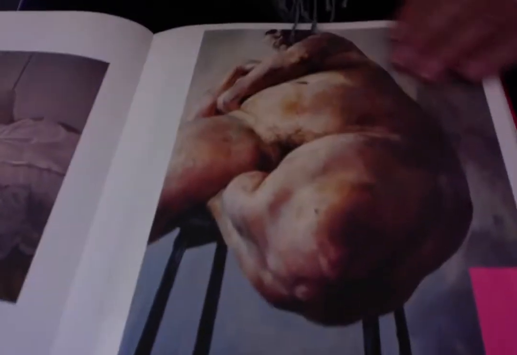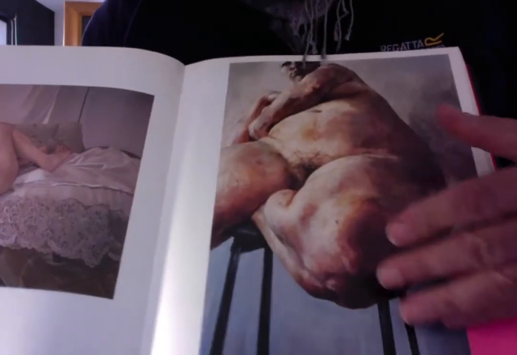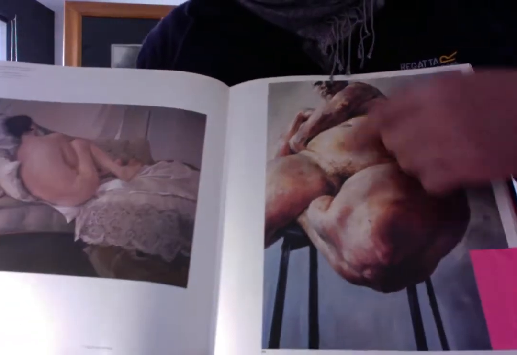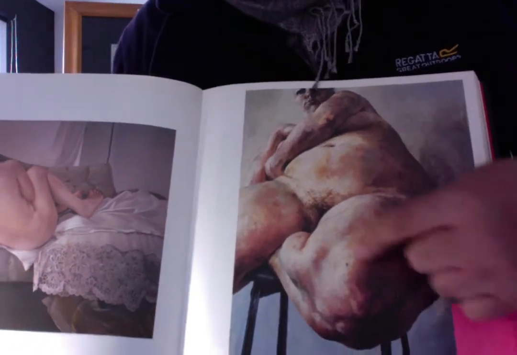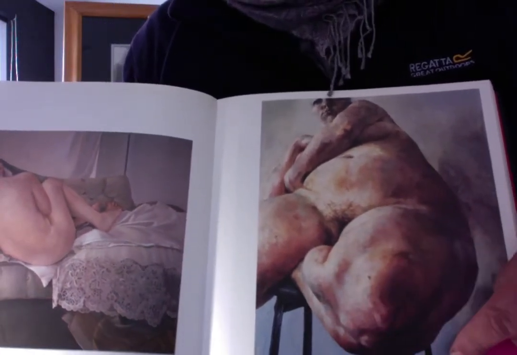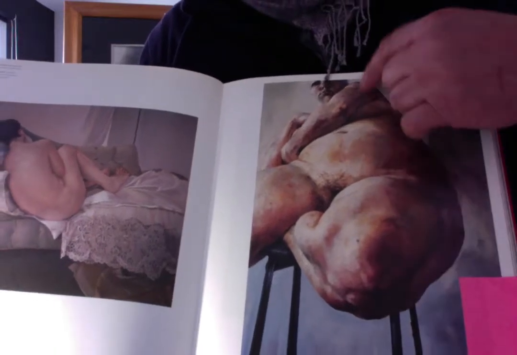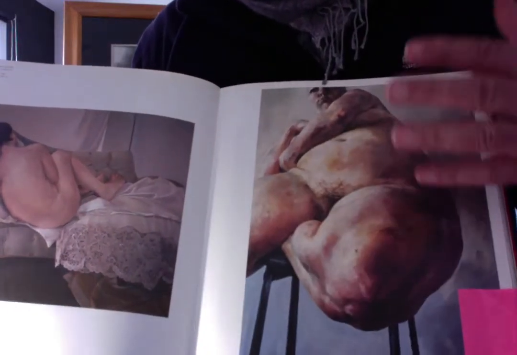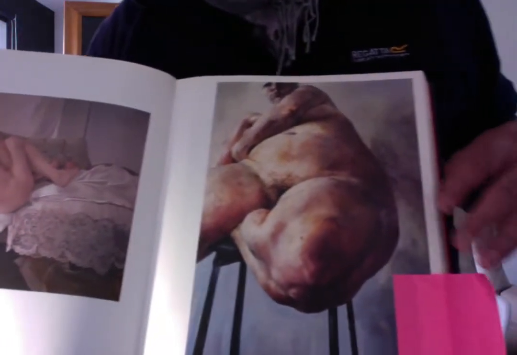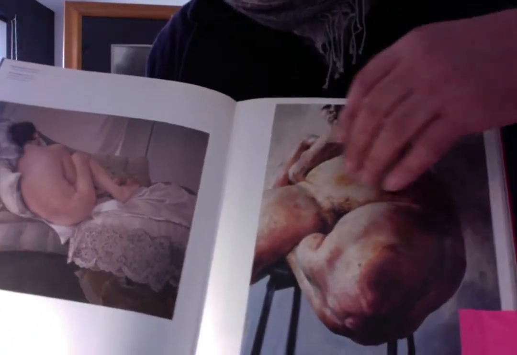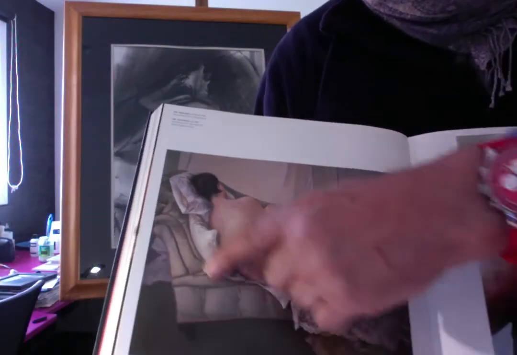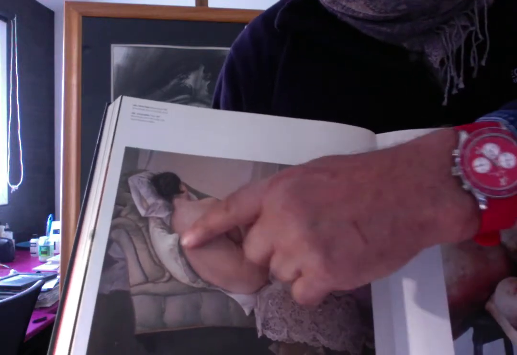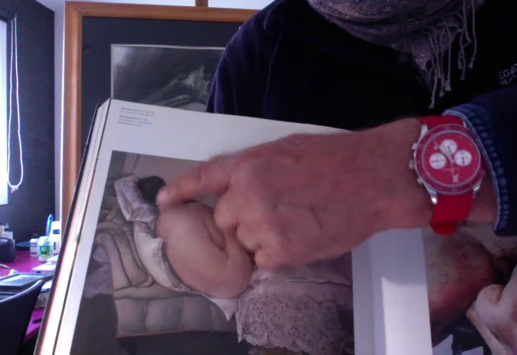This is a good example of foreshortening. You see the knee is so much closer than the head. The head is further away, so she's exaggerated the knee. And that's what makes the image, I think, personally, so much more interesting. Her back is closer and the head's much further away, so it's smaller. If her head was here, it would be very big and this would be small.